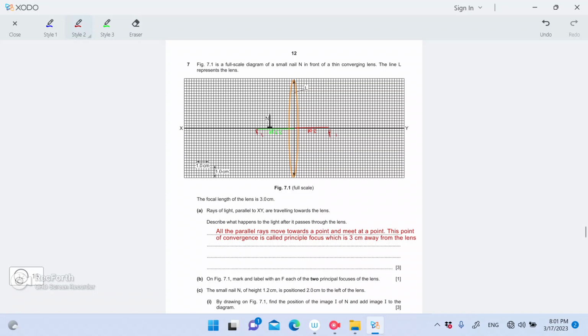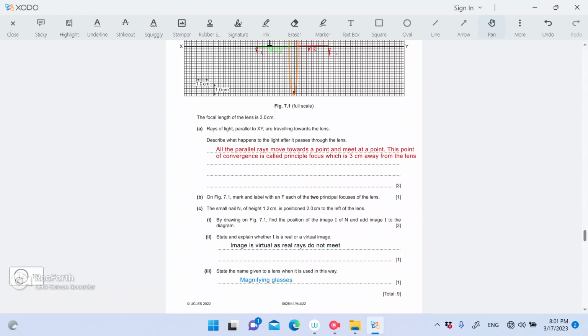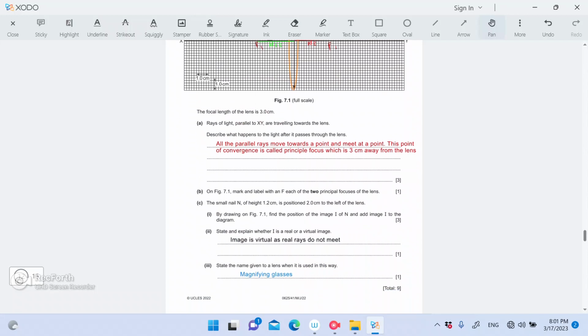It's called principal focus, which is 3 centimeter away from the lens.